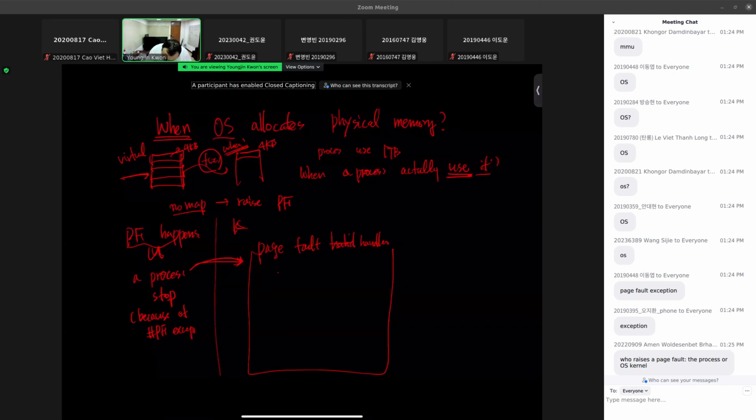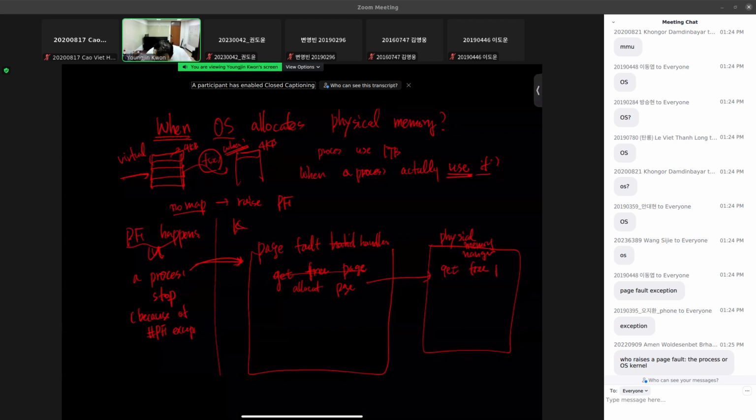The page fault handler gets a free page. Sorry, allocates a page. It asks the physical memory manager, which gets a free page from the free list.